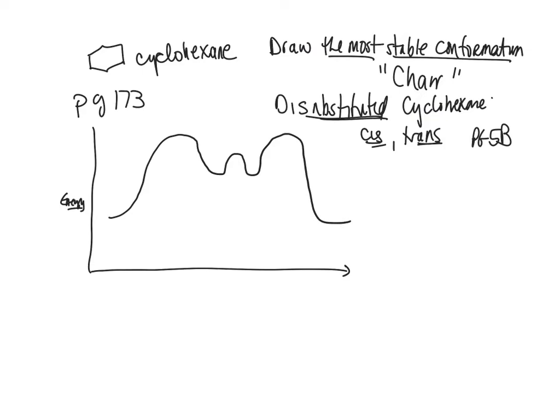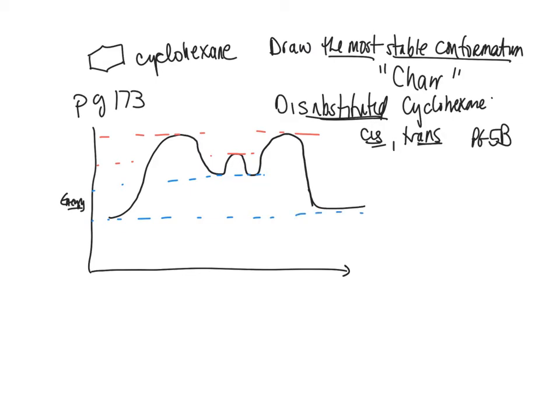So these heights should be the same. And we have a little energy height here. We have some energy heights here. This should be the same. And then this one, and obviously I'm going to have to redraw that a little bit.